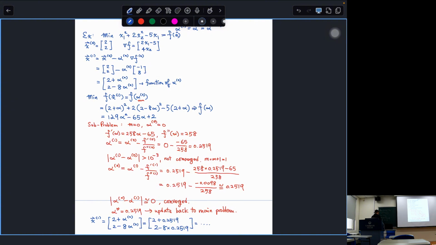Until convergence. Or until convergence or k equals 3, something like that. But usually in a problem, the problem needs to define what kind of convergence.